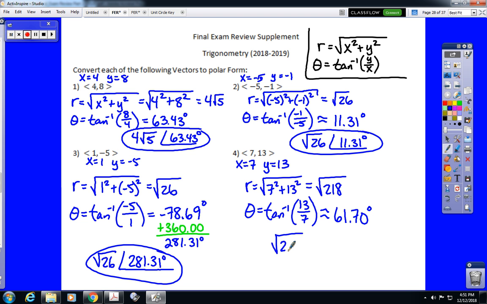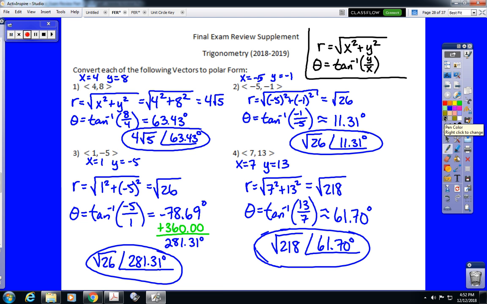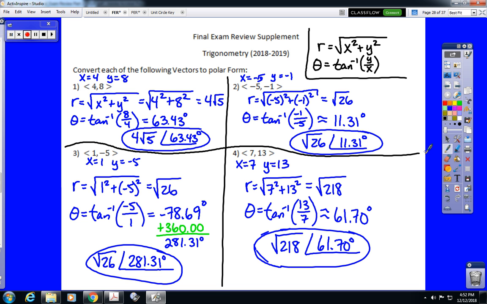So we'd say root 218 at 61.70 degrees. That does it for the first 4. There are 4 more, so let's get out ahead of me here. While I'm cleaning up this page to put on Google Classroom, you should already be trying the next 4.